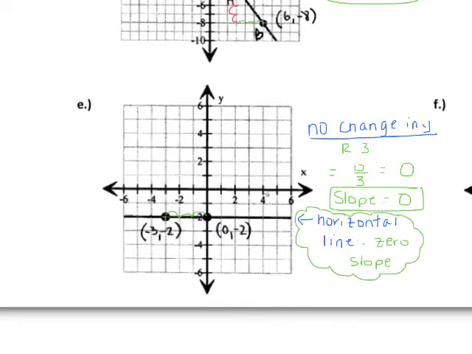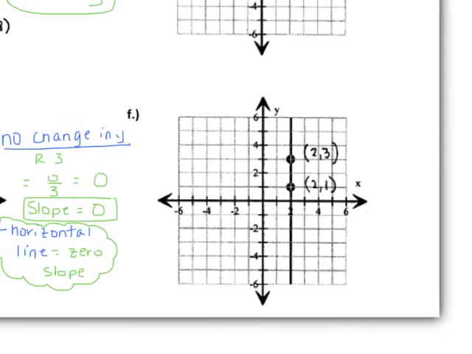And that makes sense because I'm not moving up or down. Okay? Well, on the same token, look at letter F. Letter F is going to be a little bit different because in letter F, you're dealing with a completely different line this time. Letter F, you're dealing with a vertical line.